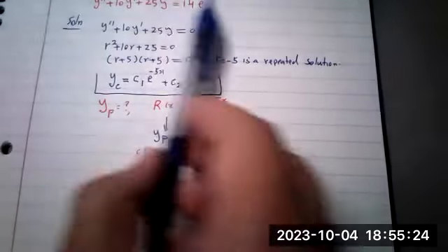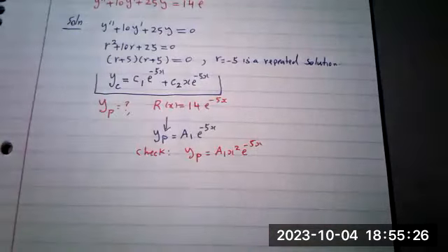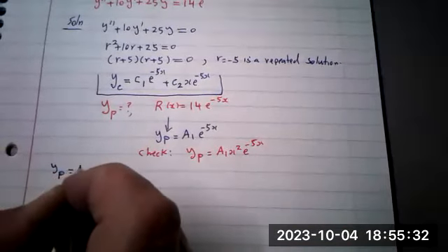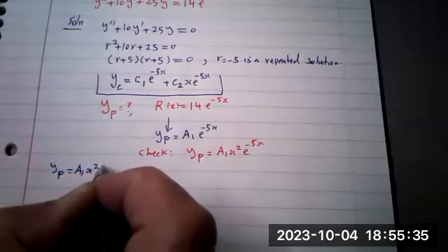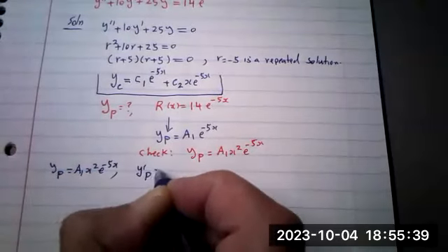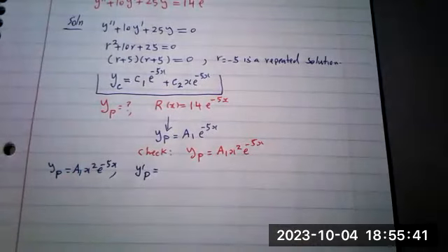Now we have to substitute in the original one, so we have to differentiate it carefully. So we go for it. yp is A1 x squared e to the negative 5x. Get the y prime. You have to use the product rule, remember. Derivative of the first one, derivative of x squared, times the second.